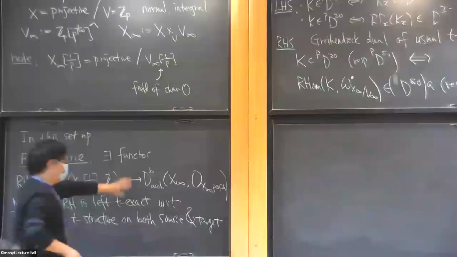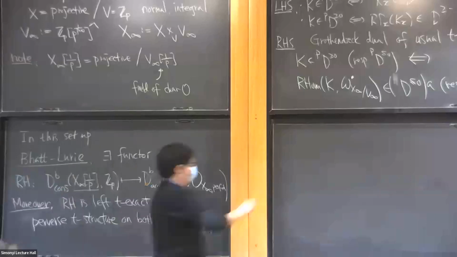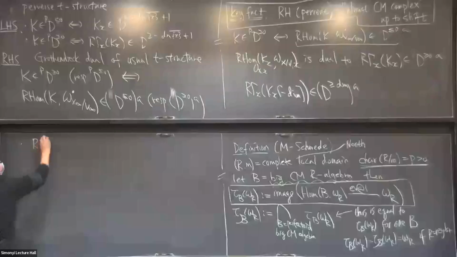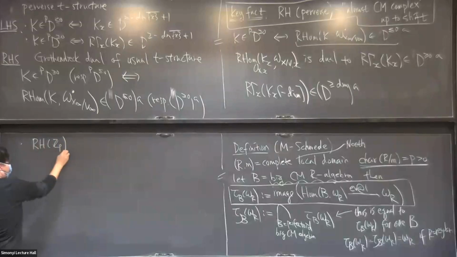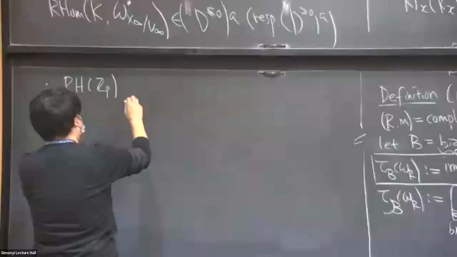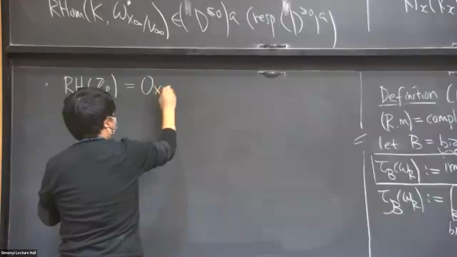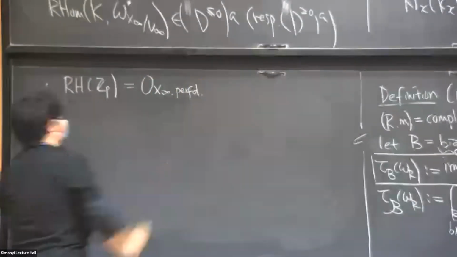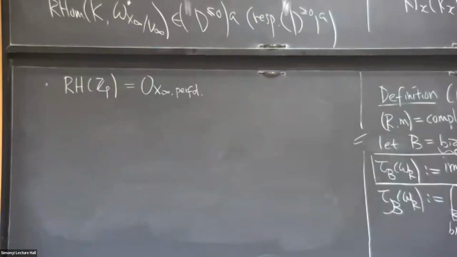I'm still learning this functor, so the only example I can write down at the moment is if you plug in the structure sheaf, or the constant sheaf, to give you the structure sheaf of the perfectoidization. You can write down more examples because they also show this proper pushforward compatibility. If you take the constant sheaf upstairs from a finite cover, you can also write down some explicit formulas. But beyond this, at least for what we are interested in, I don't know how to write down explicit examples.